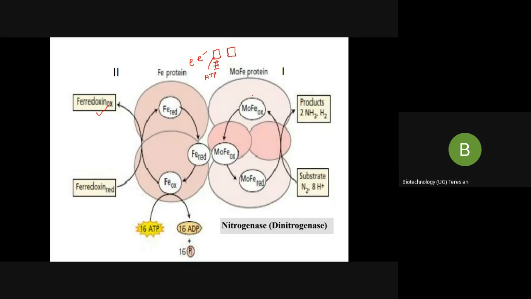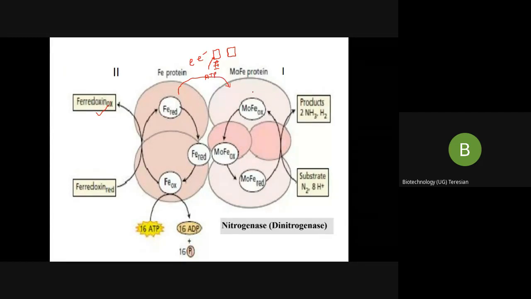So now what happens? The electrons are flowing within the iron sulfur cluster on component 2. And from this component 2, they move towards component 1, since they are associated right now. The electrons are further shuttled into the iron molybdenum cofactor. Here they will be shuttled.